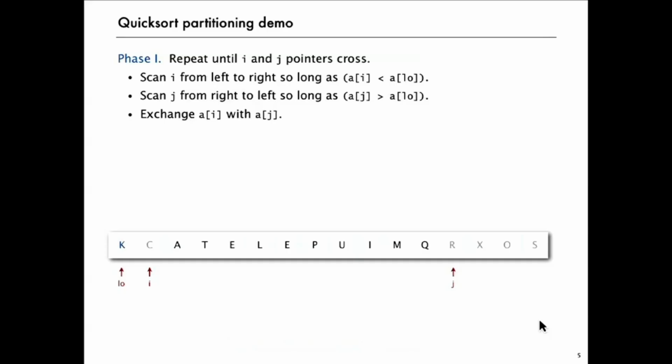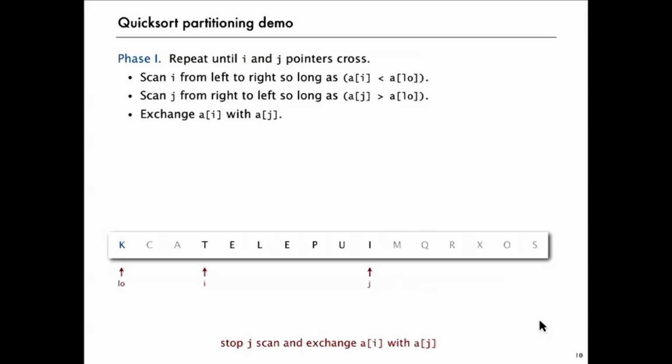Now we increment i as long as it's pointing to an element that's less than the partitioning element. Stop here at T because that's bigger. And now we decrement j as long as it's pointing to something that's bigger than the partitioning element. Stop here at I because that's less. Again, T and I are in the wrong places.